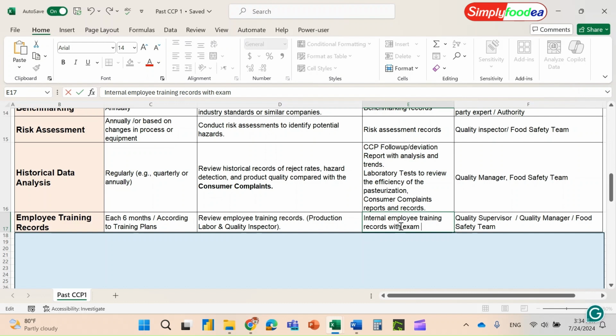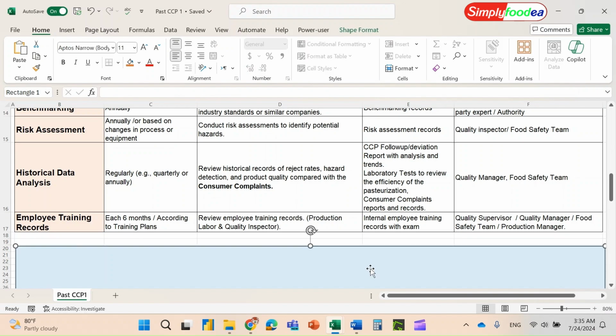So you will build a very strong documentation pyramid for all your processes within your organization. Finally, the responsibility will be with the quality supervisor, quality manager, food safety team, and of course the production manager.